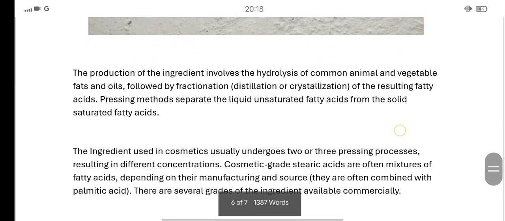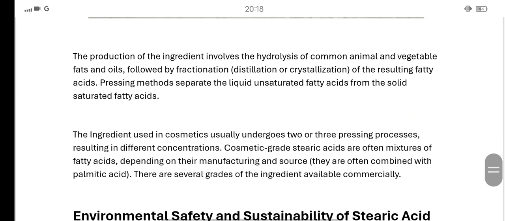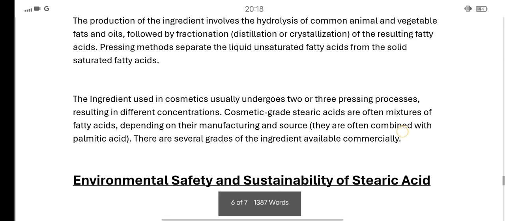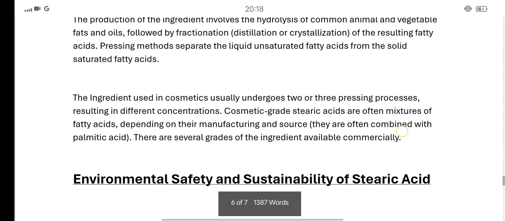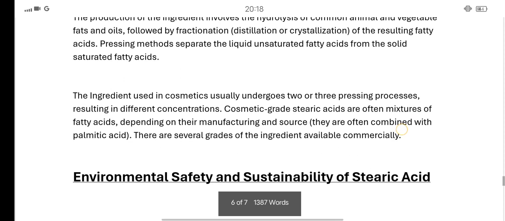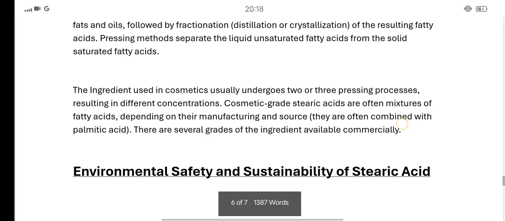How is stearic acid made? So basically, this is stearic acid. The production of the ingredient involves the hydrolysis of common animal and vegetable fats and oils, followed by fractionation, distillation, or crystallization of the resultant fatty acid. Pressing methods separate the liquid unsaturated fatty acids from the solid saturated fatty acids.